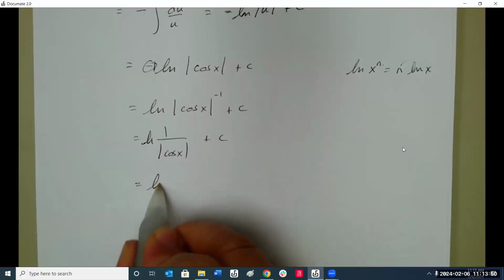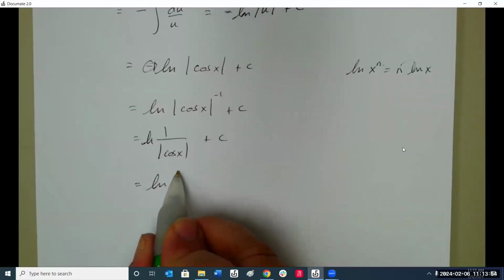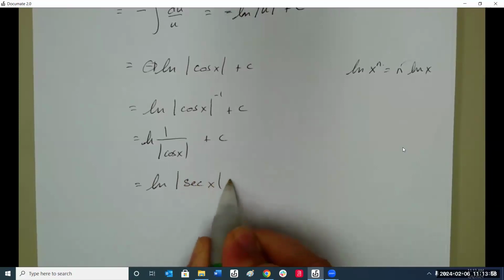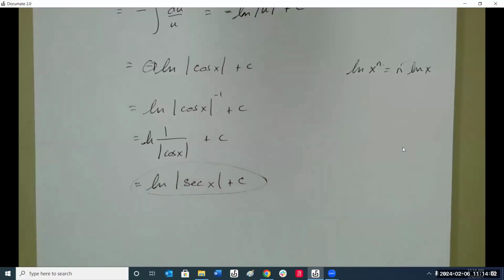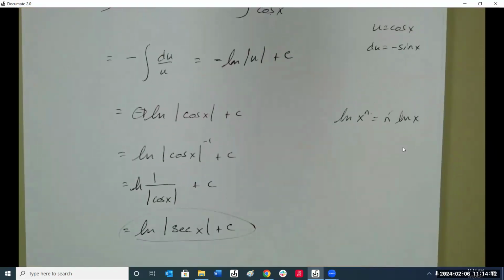What is 1 over cosine? I'm still stuck on the exponent part. In the coefficient? Yeah, because I wasn't following up until there.